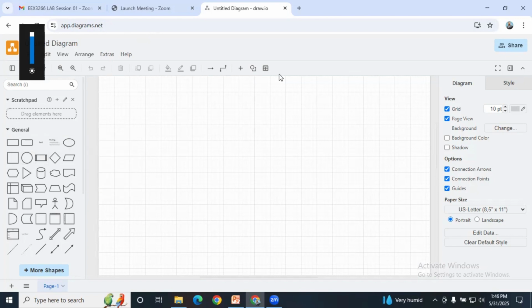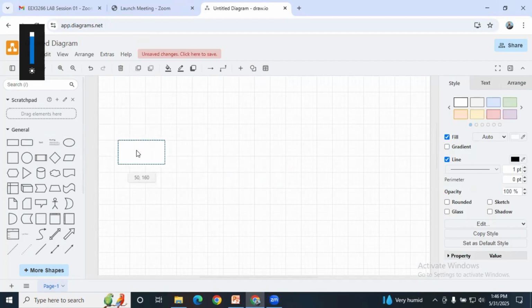How are we representing the entity in an ER diagram? Rectangle shape. Yes. So we can get the rectangle shape like this. We can multiply it like this. There are three entities.